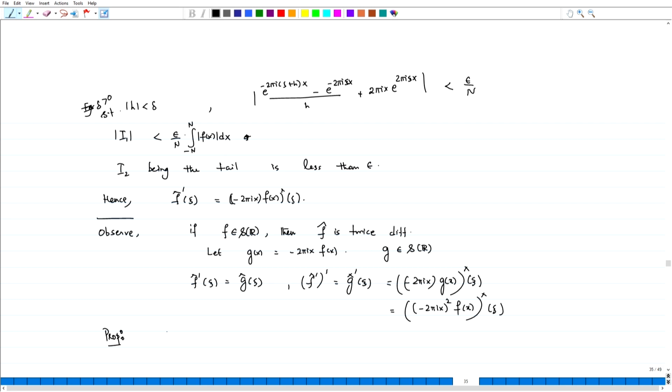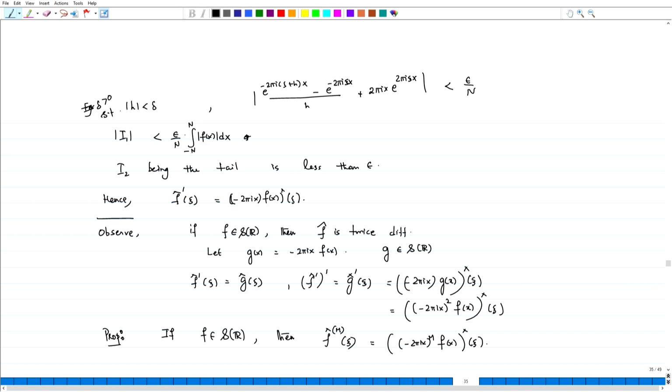If f is in Schwartz space, then the mth derivative of f hat at xi is equal to the Fourier transform of minus 2 pi i x to the power m f of x at xi.